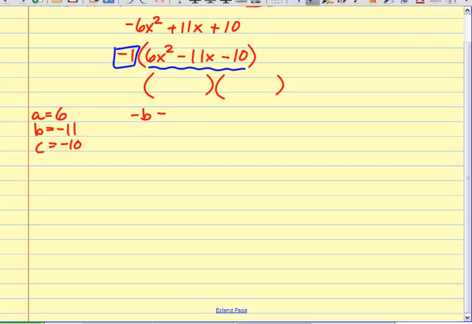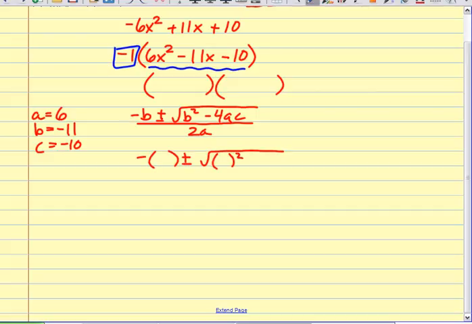Minus b plus or minus the square root of b squared minus 4ac all over 2a. Man, you write this every time, you will have it memorized. Now, next time, write it with your parentheses that we're going to fill in, all over 2a.